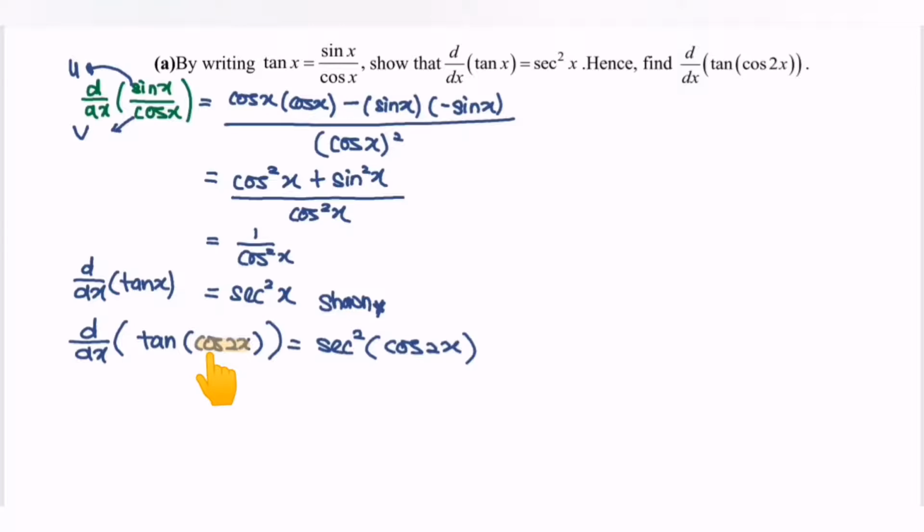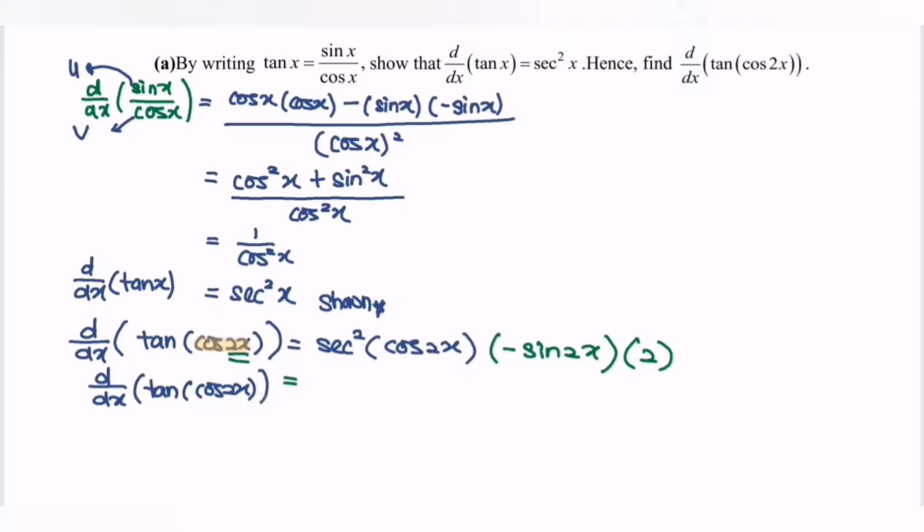Differentiate the cos, we will have negative sine 2x. Next, differentiate the 2x, and we will have 2. So finally, differentiate tangent cos 2x with respect to x will be equals to negative 2 sine 2x bracket secant square bracket cos 2x.